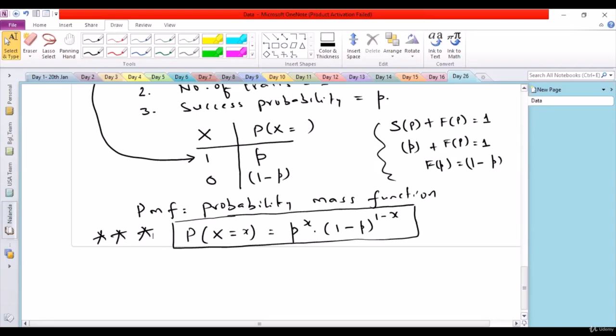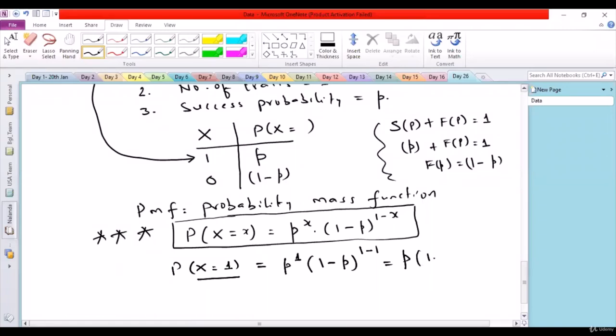So the probability of my success, that means the probability of my random variable when I become successful, is nothing but p to the power of 1, because x here is 1, times 1 minus p to the power of 1 minus 1, which is p into 1 minus p to the power of 0, which is p into 1, which is p.